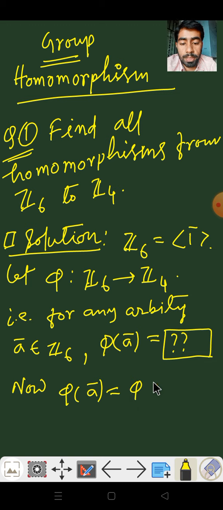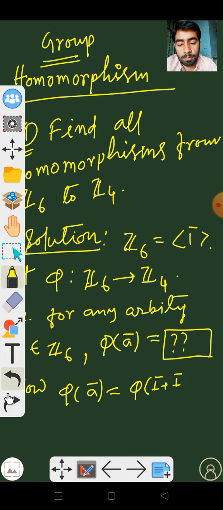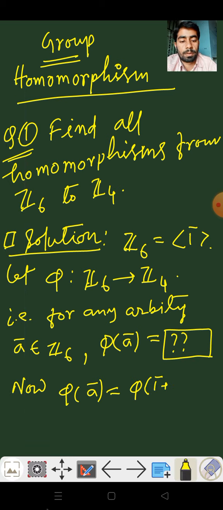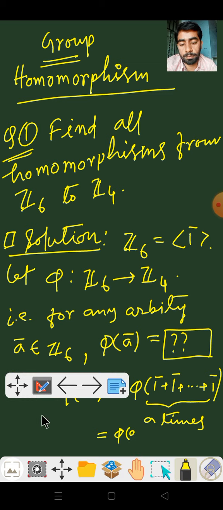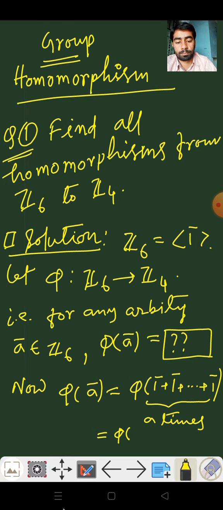Phi of class of A equals phi of class 1 plus class 1 plus dot dot up to A times, which equals phi of 1 plus phi of 1 plus up to phi of 1, A times, which will be A times phi of class 1.